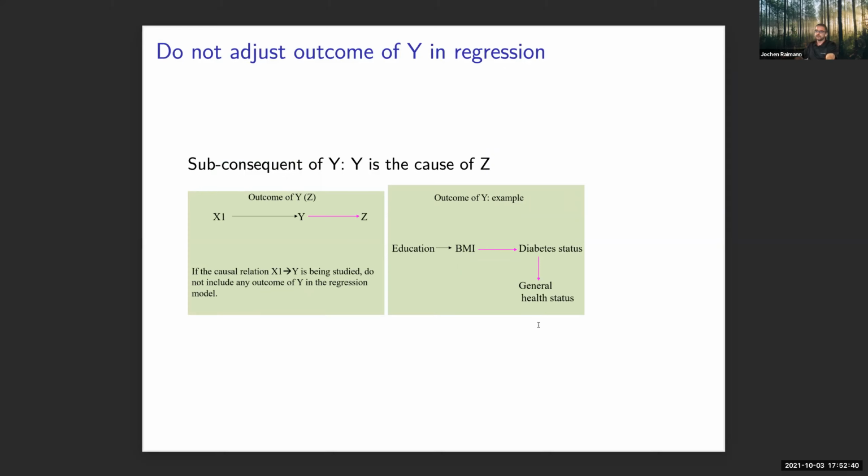Subsequently, education causes BMI, BMI causes diabetes status, and diabetes status causes general health status. Again, you would not adjust an outcome for why. You would basically always go for the source of what you're interested in. But again, this can sometimes not be done.